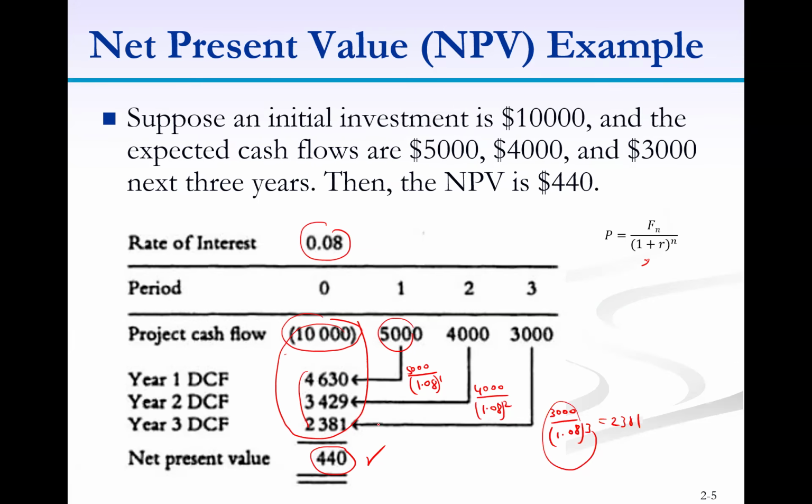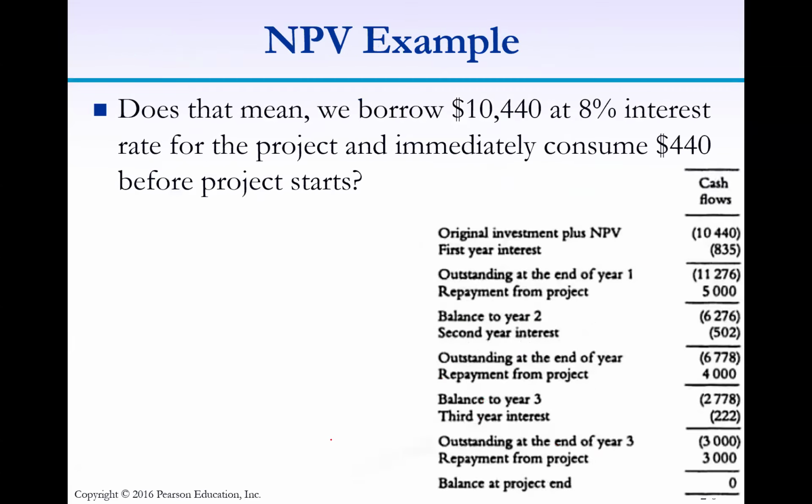So today you go to the bank and ask for 10,440, and put this 440 in your pocket. The interest rate is 835, and then your total is this at the end of the year, and your revenue is 5,000. So that means you paid off, not revenue, cash flows, right? And you still need to pay that much money, and the interest on that for 1 year is this much.